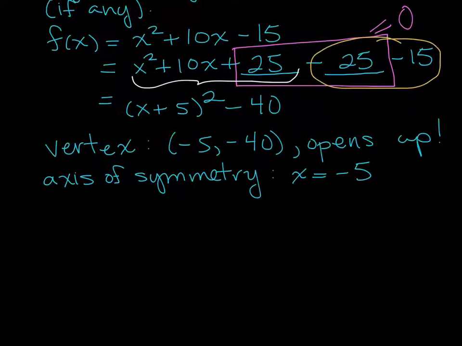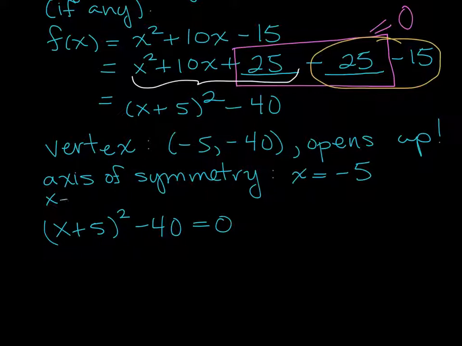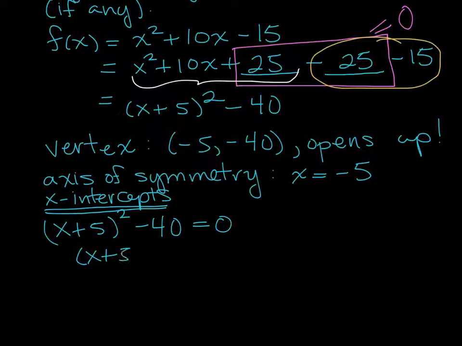if we want to know if there are intercepts, we want to solve x plus 5 squared minus 40 equals 0 to find out where the x-intercepts occur. So we would have x plus 5 squared equals 40.